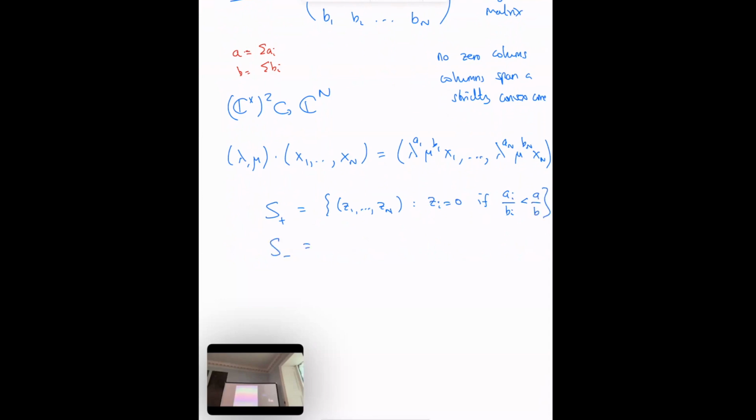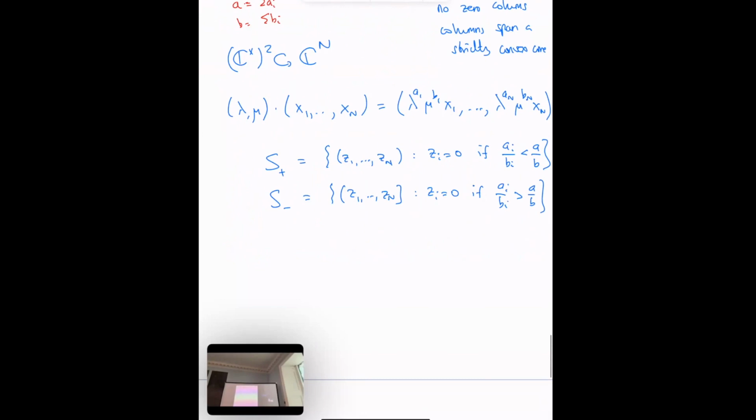So I'm going to define two linear subspaces. And then I'm going to take X to be C to the n minus the union of these linear subspaces, divided by C star squared.